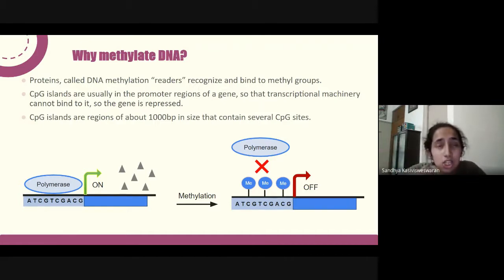The genes which produce proteins that are important for the functioning of that particular cell are turned on. Like in my stomach, genes that code for digestive enzymes will be turned on, but other genes that I don't really require, like for sensitivity or something like that, might be turned off.